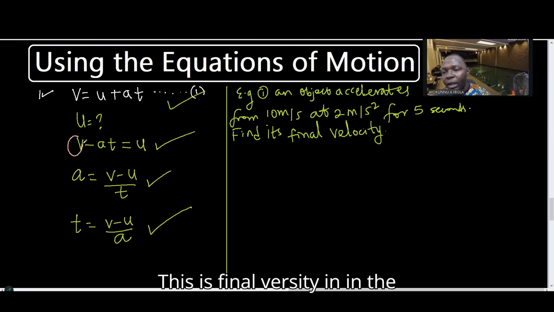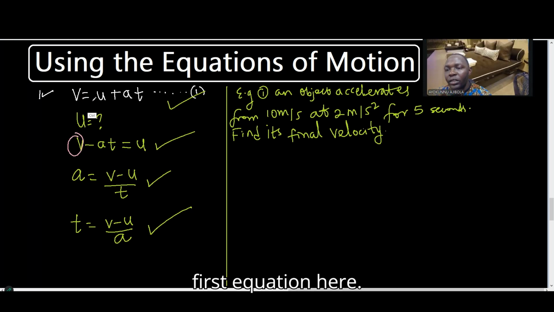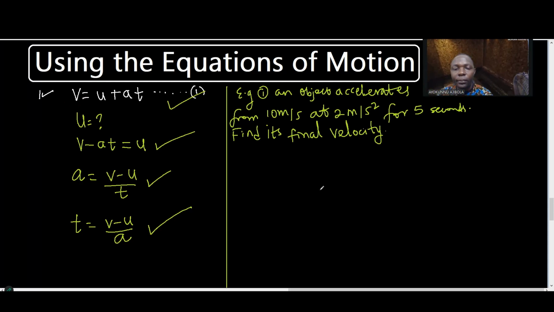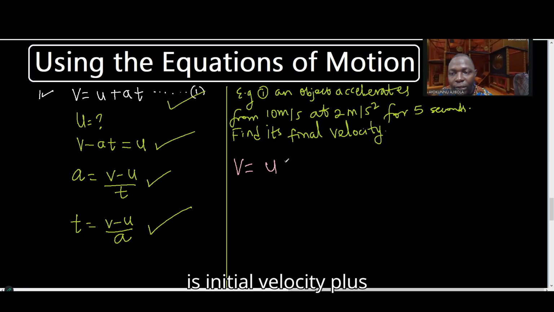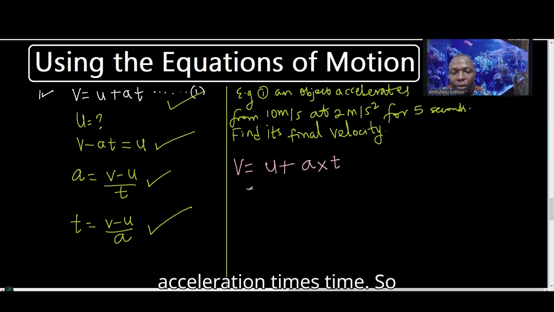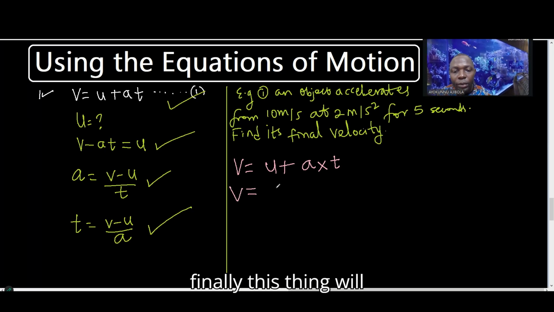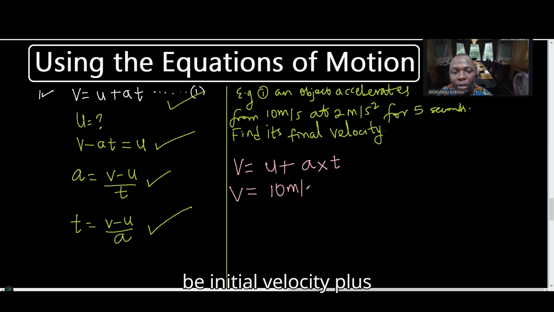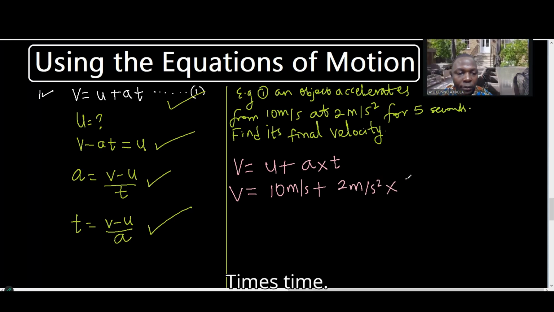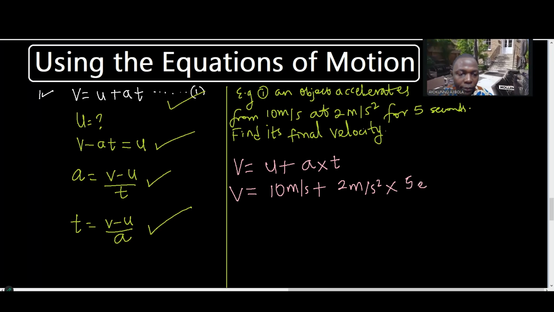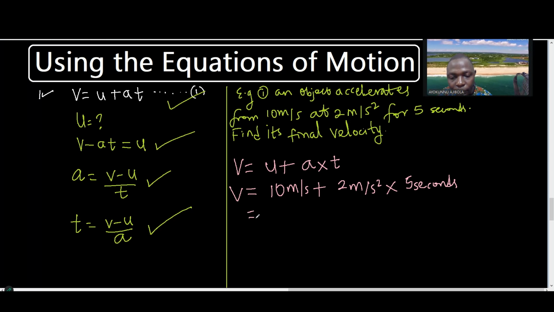This is final velocity in the first equation here. Final velocity is initial velocity plus acceleration times time. It is clear.